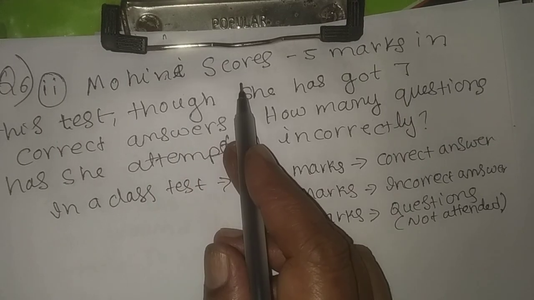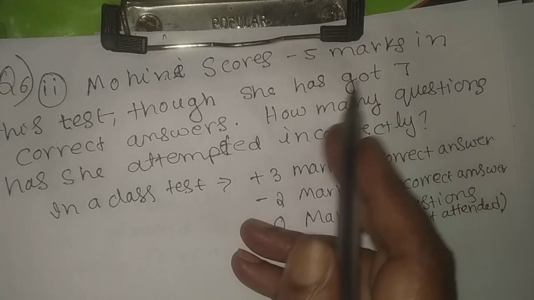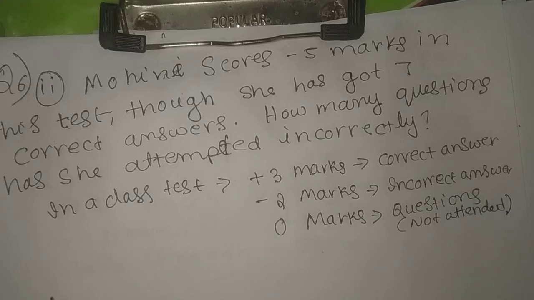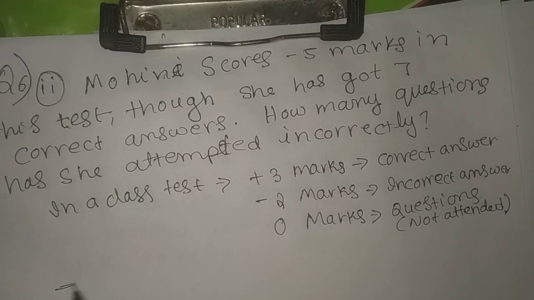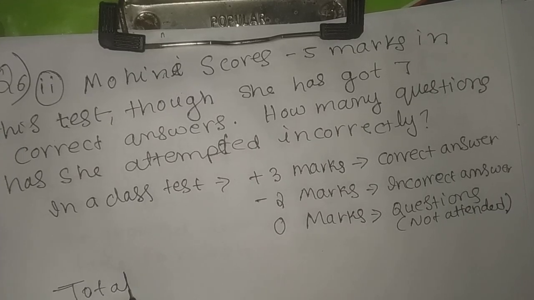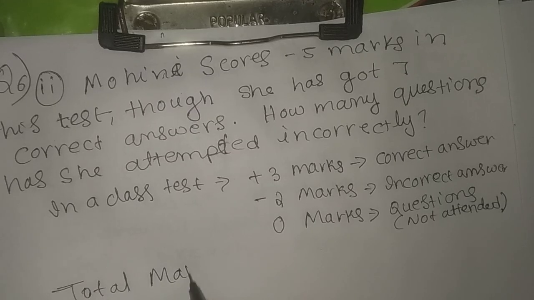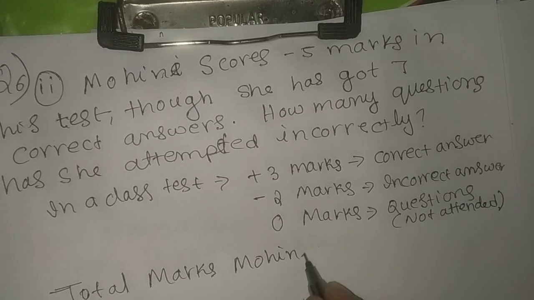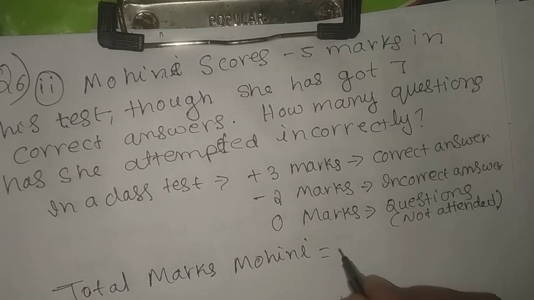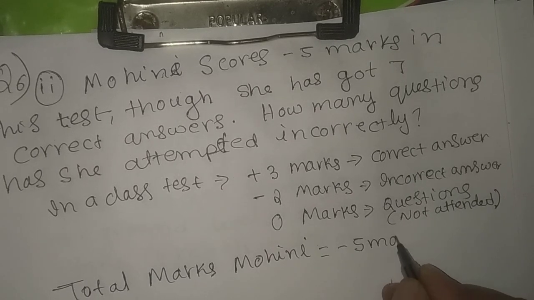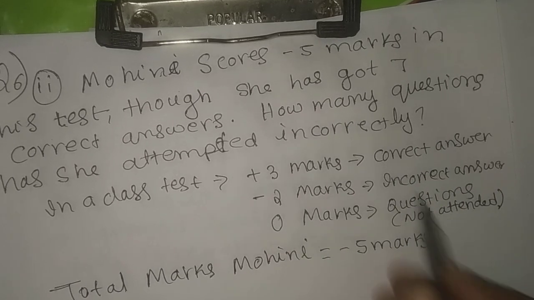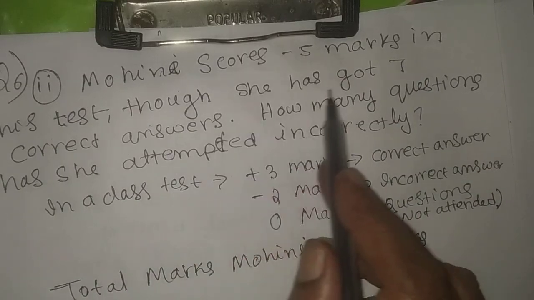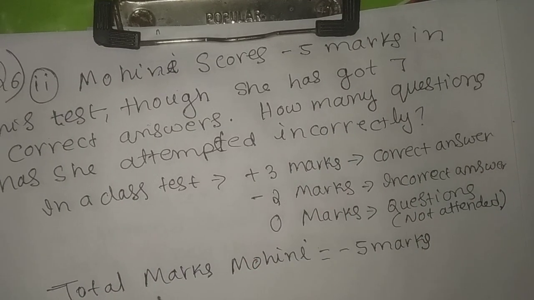Mohini scores minus 5 marks in the test. So total marks Mohini scored in the test is negative marks, that is minus 5 marks. So she got 7 correct answers.